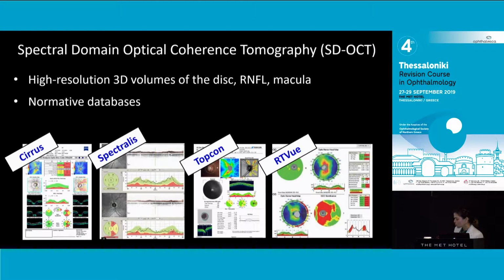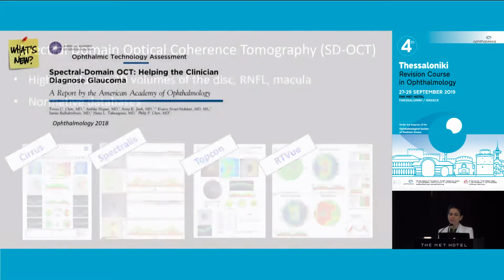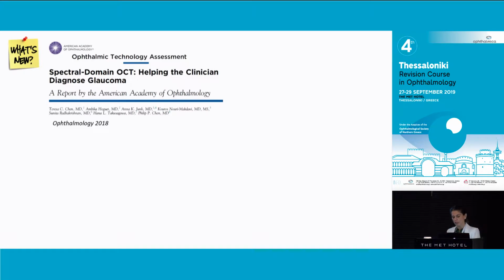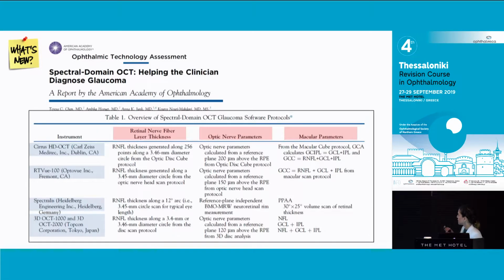So these are the four printouts that you get for monitoring from the four commercially available OCTs. And we know from the literature that these are equivalent. This is a report from the American Academy of Ophthalmology, which evaluated all of the four and concluded that they are all equally good and useful, and they should be used for diagnosis and monitoring.